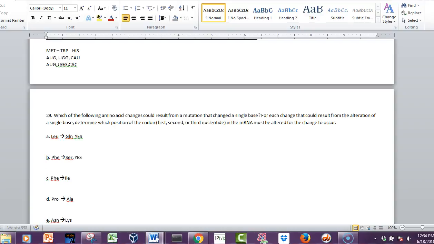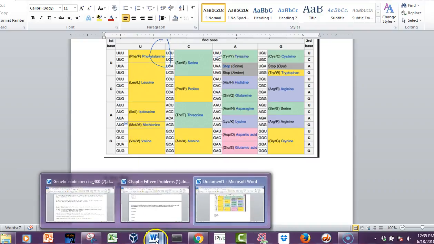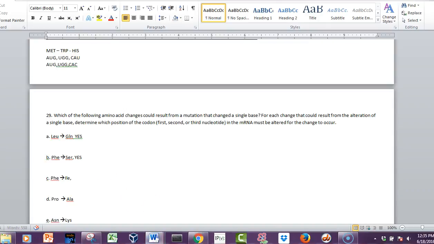Answer would be yes. Phenylalanine to isoleucine. So now we're going to go from phenylalanine to isoleucine. Isoleucine has, what do we got? Three possible ones for isoleucine. So we've got AUU. Alright, there's our answer. If we just change that UUU to AUU, then we changed one thing and we went from phenylalanine to isoleucine. So yep, we can do that.